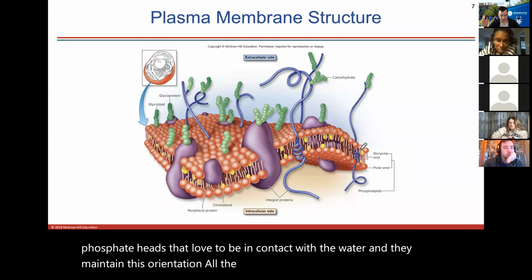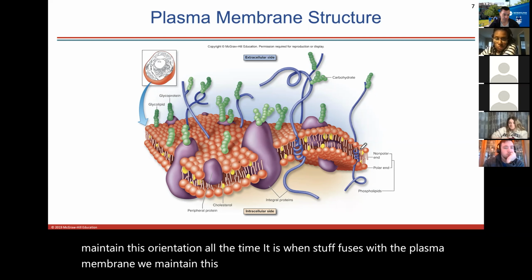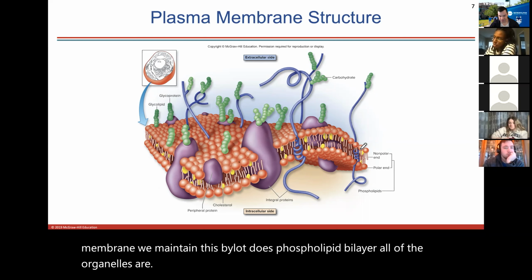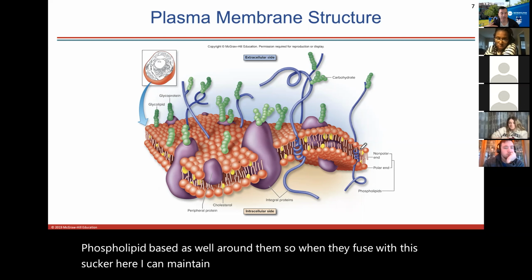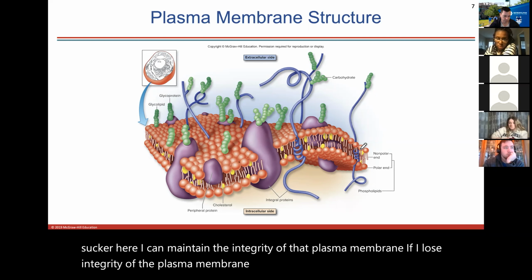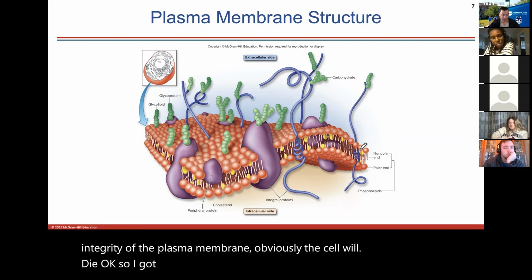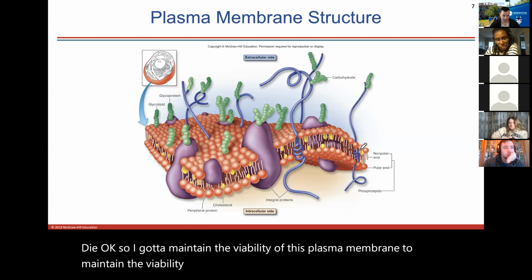When stuff fuses with the plasma membrane, we maintain this phospholipid bilayer. All of the organelles are phospholipid based around them as well, so when they fuse with the membrane, I can maintain the integrity of the plasma membrane. If I lose integrity of the plasma membrane, obviously the cell will die. So I have to maintain the viability of this plasma membrane to maintain the viability of a typical cell.